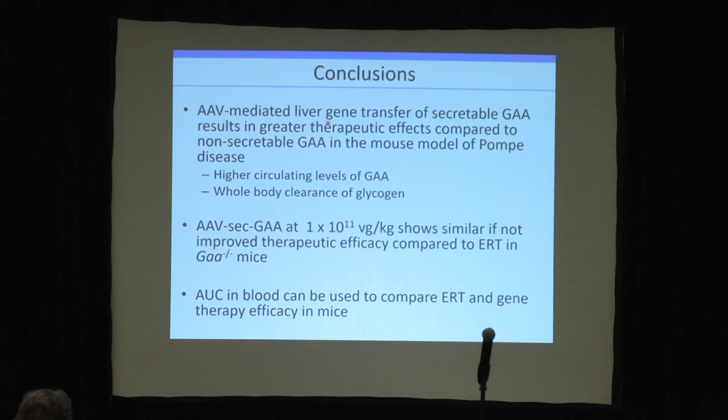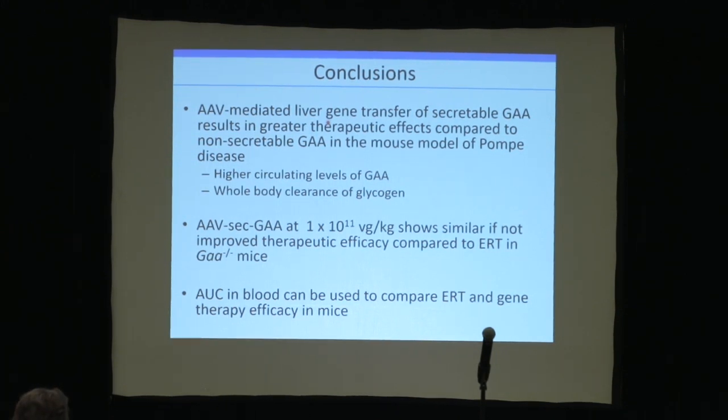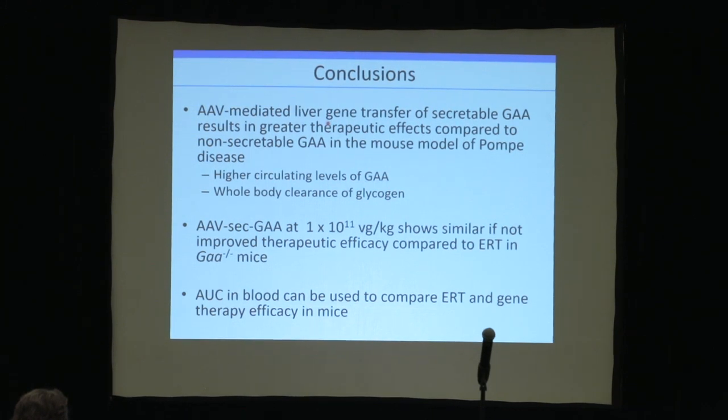And finally, another message is that the AUC in blood could be a good method to compare the efficacy of ERT and the gene therapy efficacy. In that case, it's in mice, but maybe that can also be helpful in the future human trials.